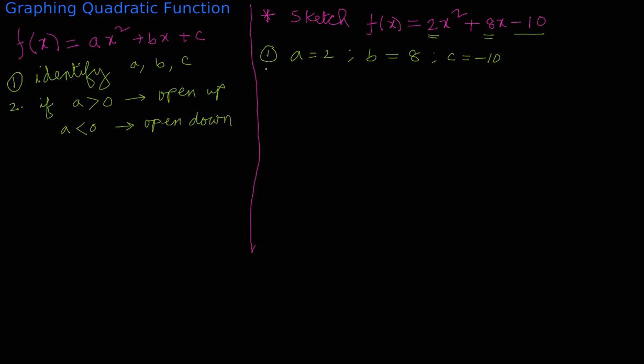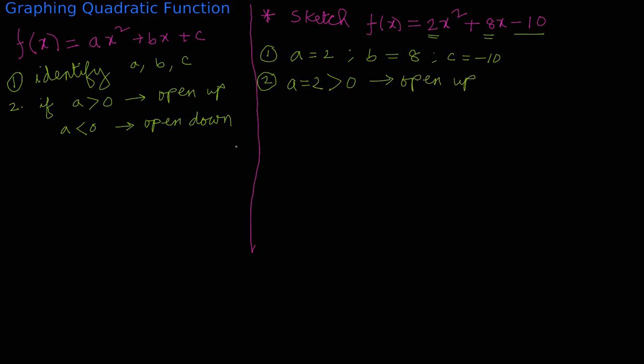So for step number 2 of the given problem, my a is 2, which is greater than 0, so our graph is going to open up.